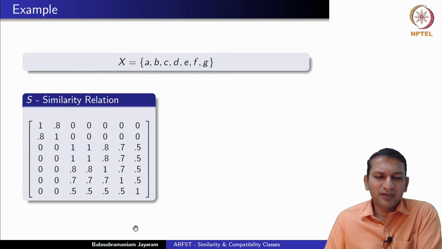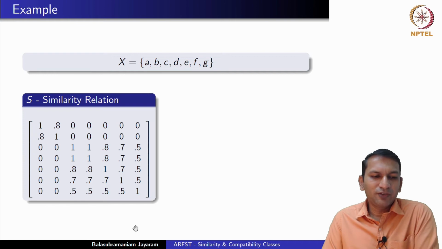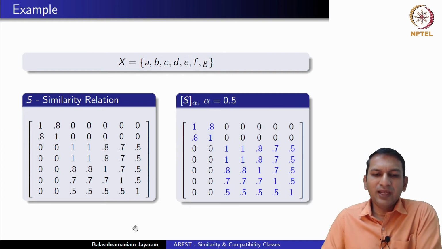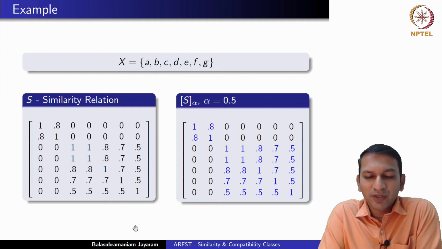So let's take this similarity relation and let's start to look at the corresponding alpha cuts. We know that for this similarity relation, the level set will consist of the unique alphas, which are 0.5, 0.7, 0.8 and 1. So we could have 4 such alpha cuts on this fuzzy relation, which is a similarity relation. Now if you highlight only those values which are greater than or equal to 0.5, your alpha cut would look like this.